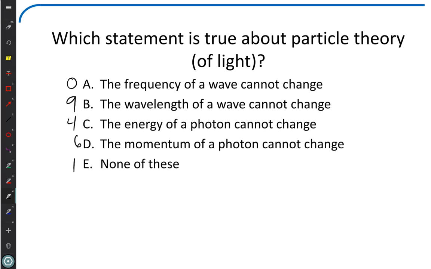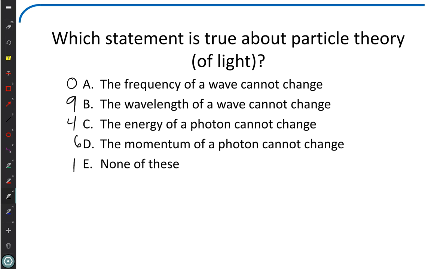None of those. Particle theory says that the energy is proportional to the frequency, and that you can have energy transferred from the photon to something else or absorbed, which would change its frequency. So you have frequency can change and the energy can change. The momentum we haven't talked about.